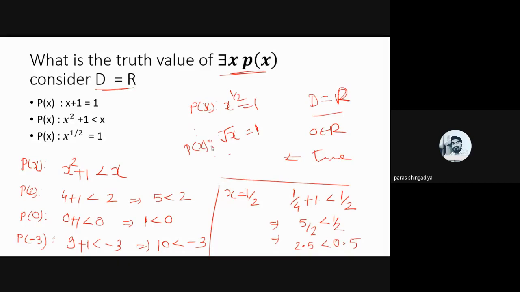We have only one value from the real line where P of x becomes true, and that value is x equal to 1.